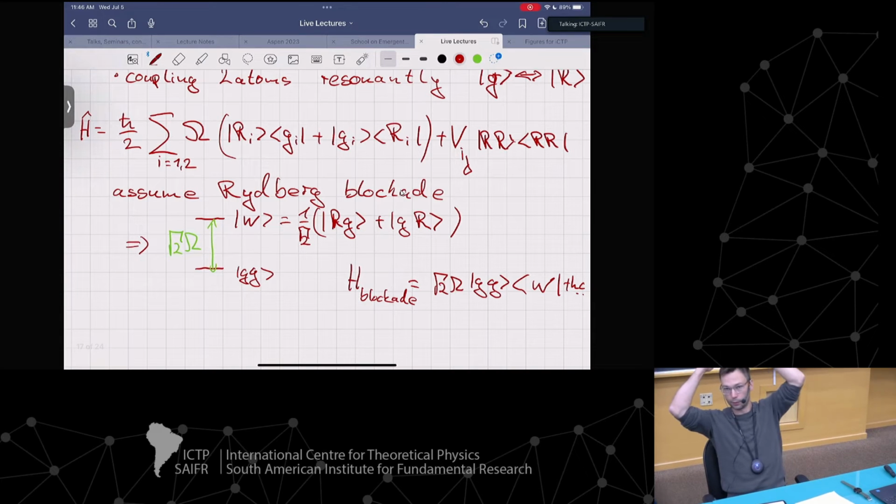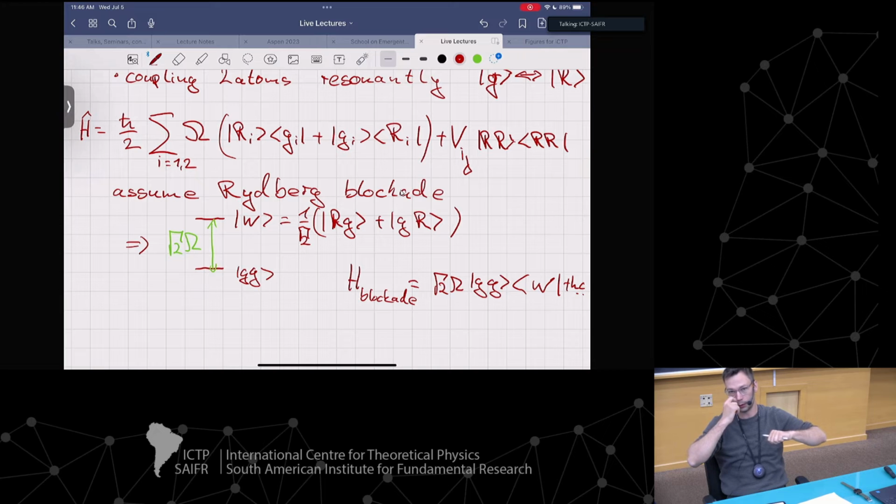Yes, super. Can I see this as a kind of Hadamard gate or something like that? You can. Whenever you have a two-level system and you drive it with some omega, you can do a Hadamard gate on that two-level system.